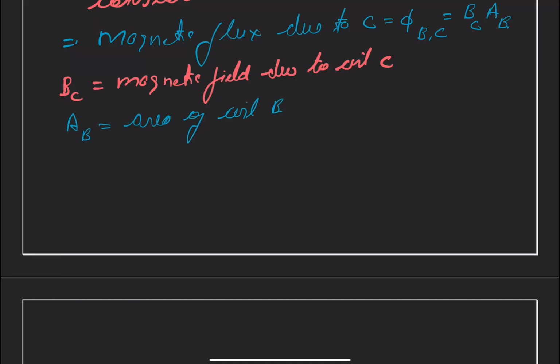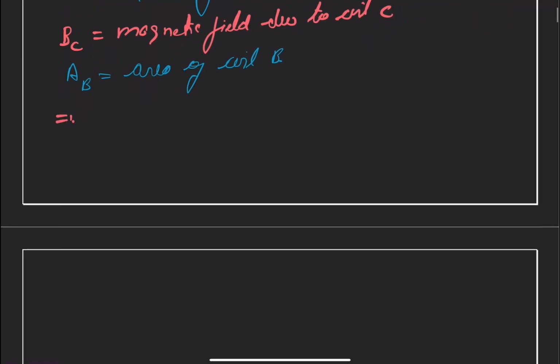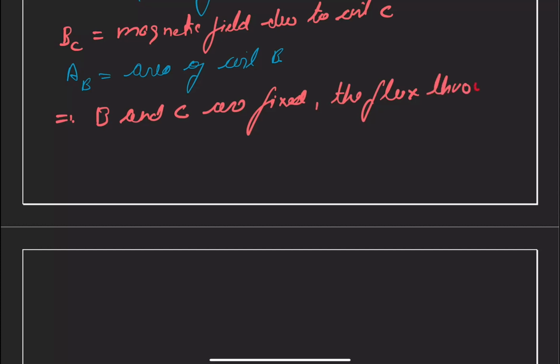Now since B and C are fixed, the flux through B due to C does not change over time.